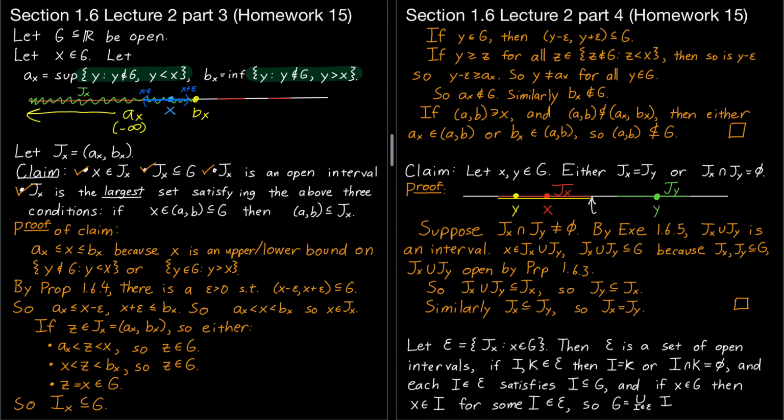So we've got that G is the union of a bunch of intervals that are open and pairwise disjoint. So now we just need to show that there are only countably many of them, and we'll be done with this proof and also done with this video.